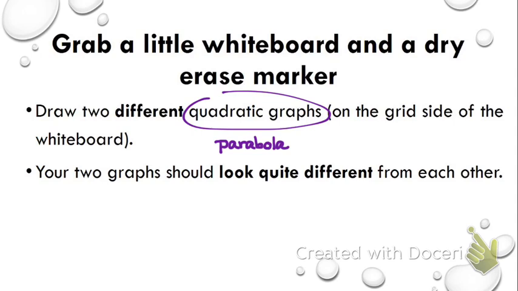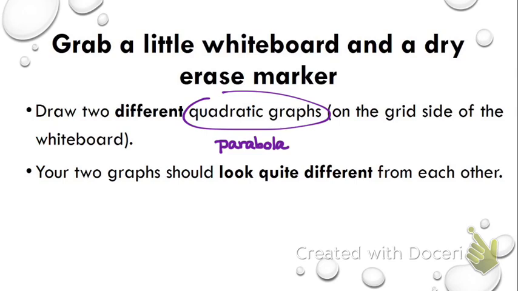The maximum. This one points up, so it has a lowest point. That would be a minimum. Even though one points up and one points down, I can still use one word to describe minimum or maximum. What word could I use, even if I don't know which way it's facing? Vertex.